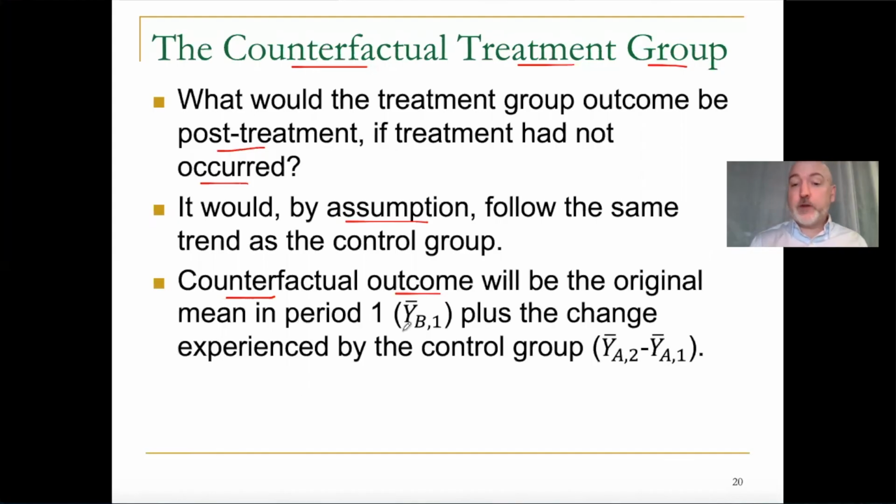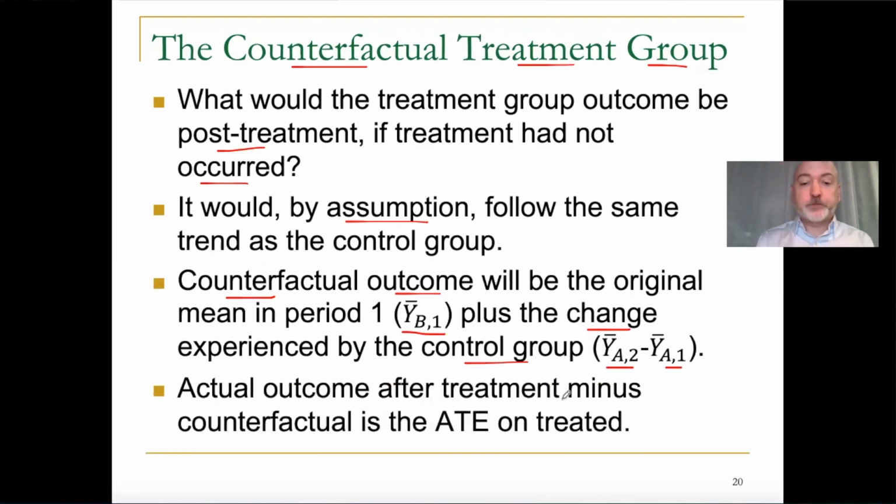So the counterfactual outcome, the period 2 outcome for the treatment group had treatment not occurred, will be where they started, right? So the average outcome for group B in period 1 plus the same value change that was experienced by the control group. So the difference between period 2 and period 1 for that control group. In other words, we're applying the same slope to that path over time from one group to the other.